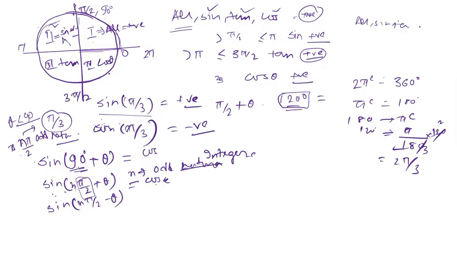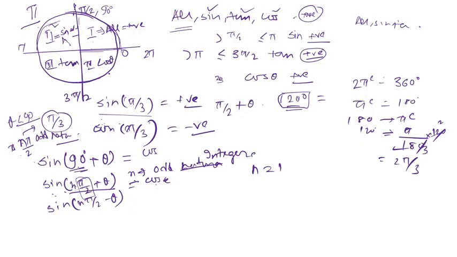Now suppose this is 1 pi by 2. Where will the sine function fall? If n equals 1, it will fall on the second quadrant. Sine will become cos, because that is the rule: when I have an odd multiple of pi by 2, sine will become cos. But if n equals 1, it falls on the second quadrant, and sine is positive in the second quadrant, we know: all, sine, tan, cos.